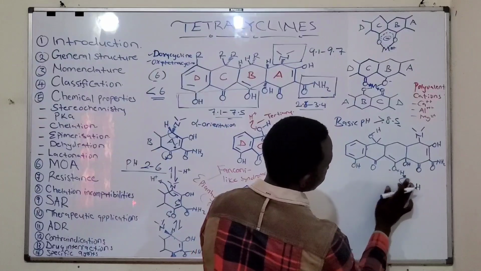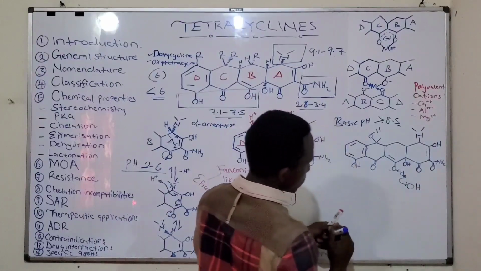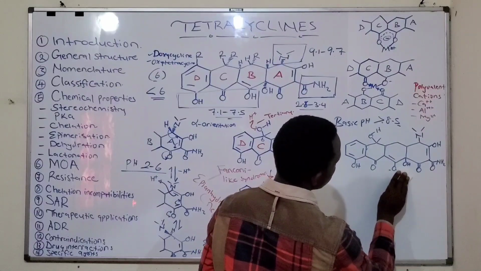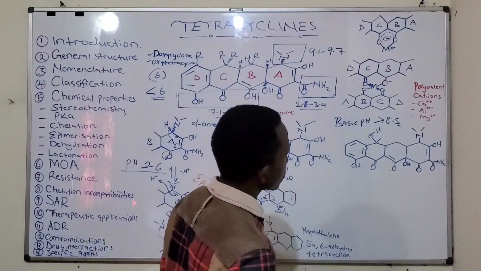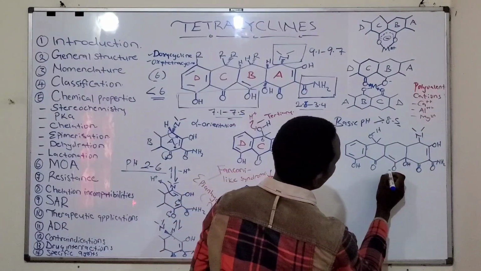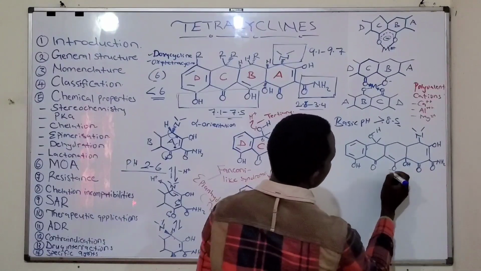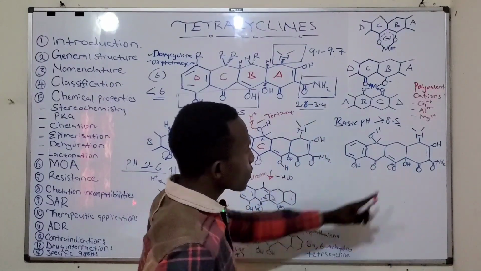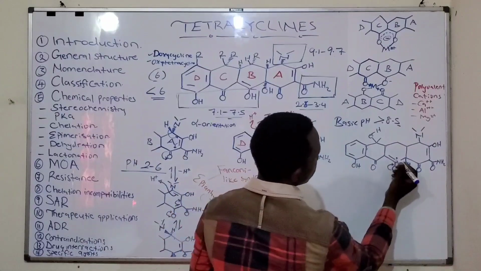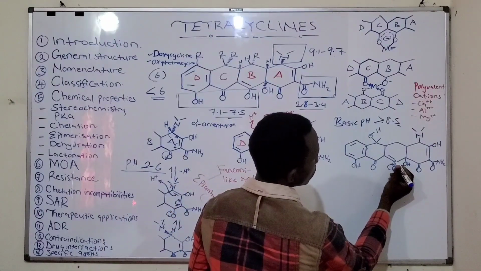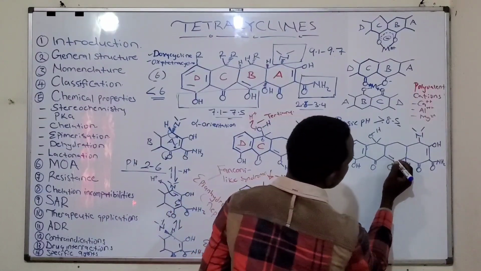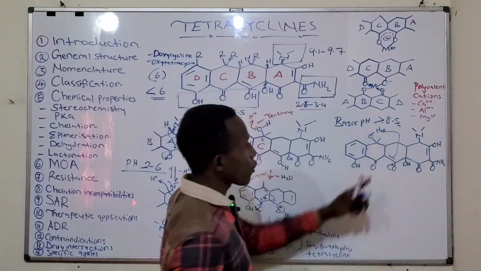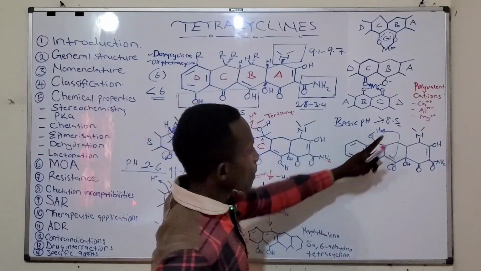So if it is O minus, now this one will form a bond. When it forms a bond here, this one will have excess bonds. So this bond will attack the hydrogen from the oxygen up.